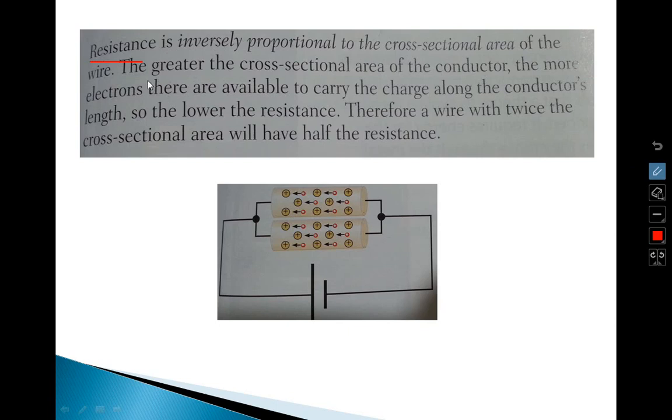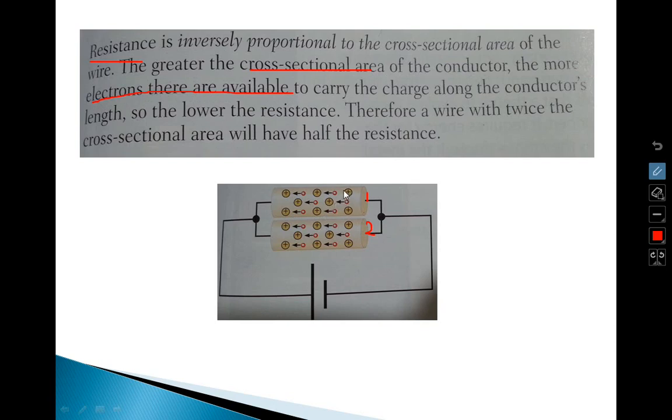How? The greater the cross-sectional area, if we have one section here and add another section here, what will happen? The greater the cross-sectional area of any conductor, the more electrons are available.